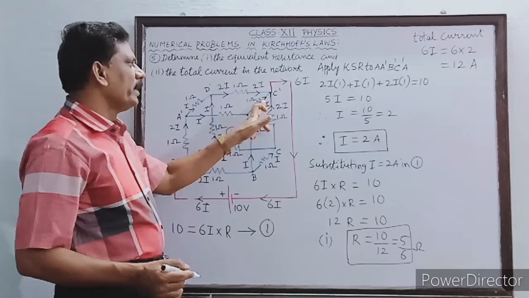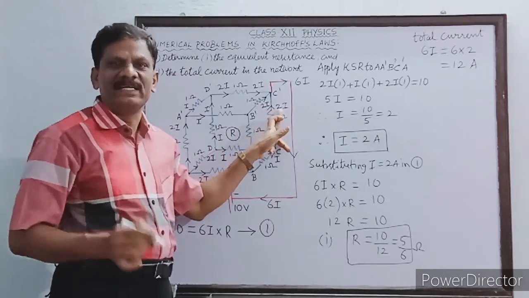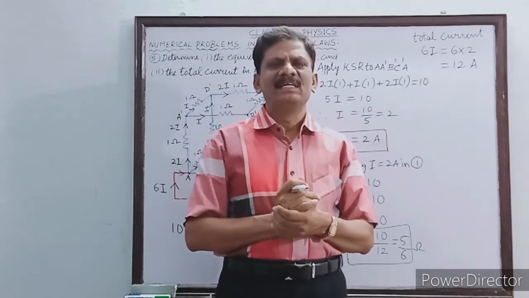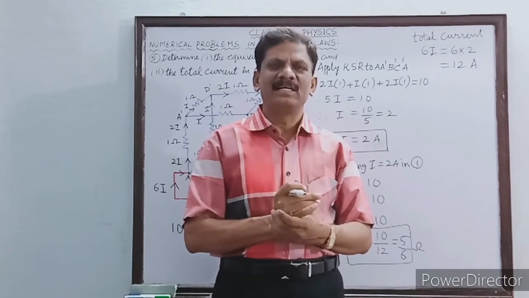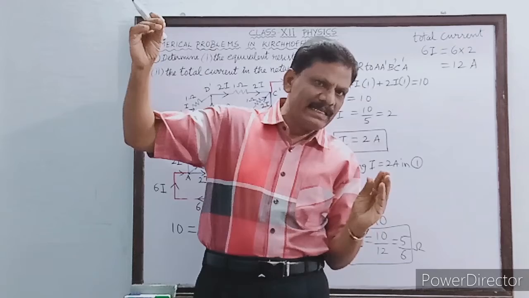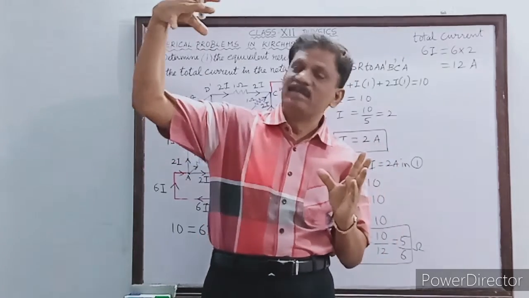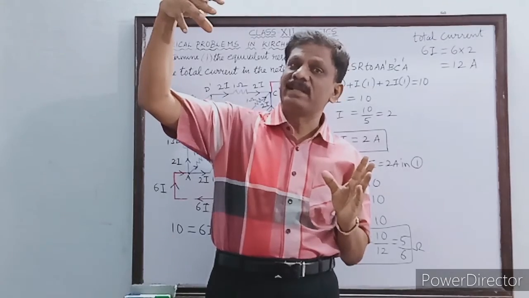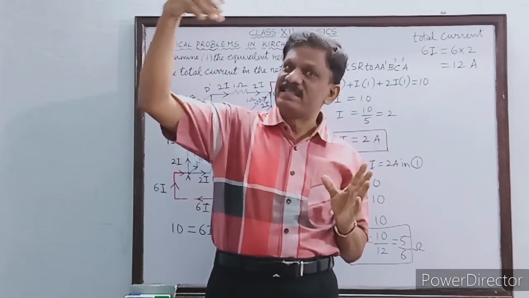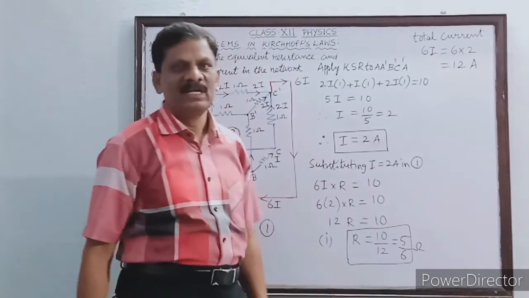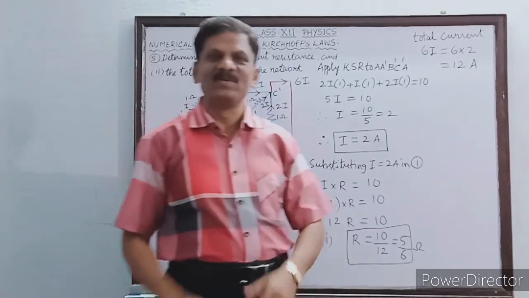Naturally, in all the other branches the current will be I ampere only. Blindly you can practice like that. The remaining branches you can write I itself. I hope you have understood. Okay, fine.